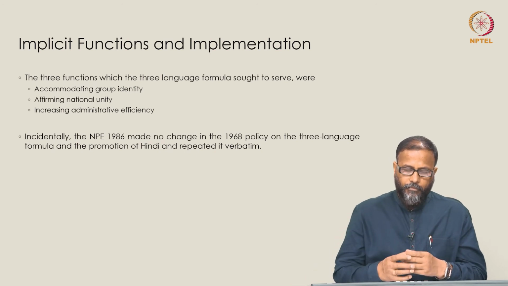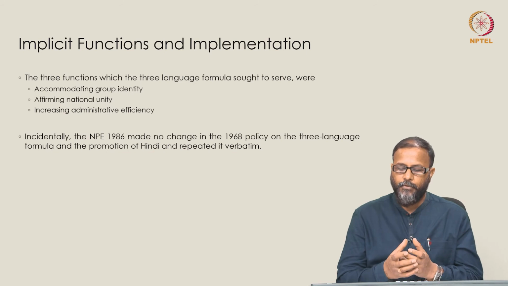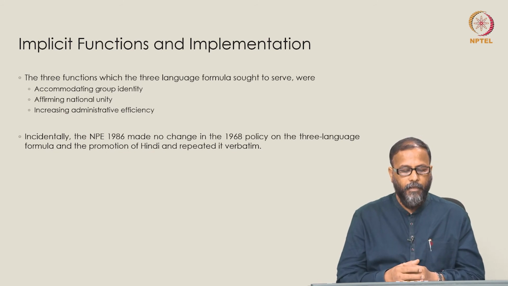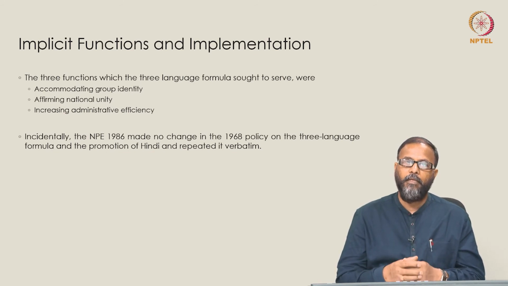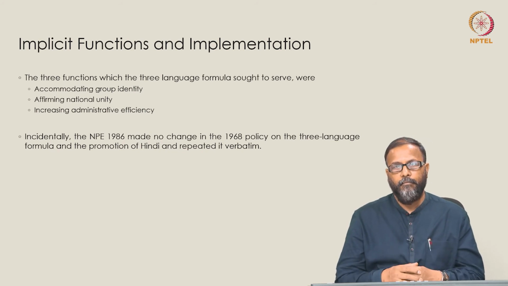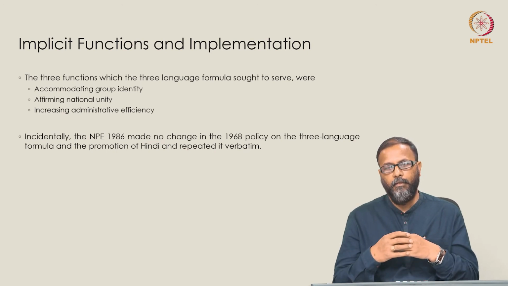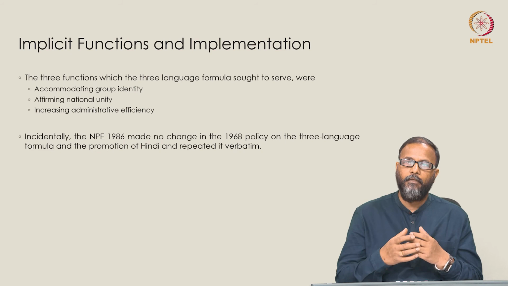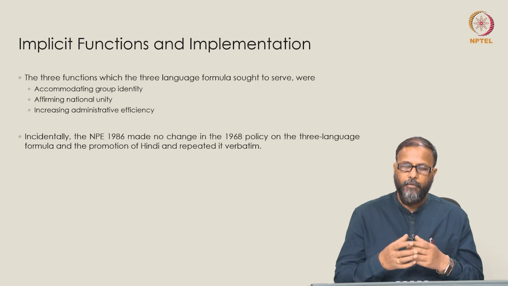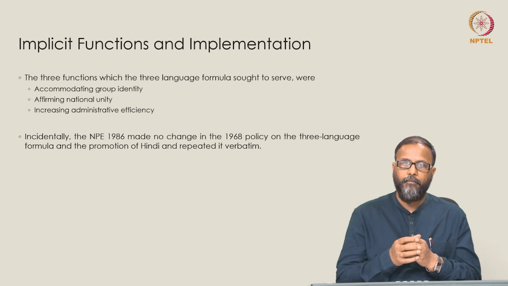So, the three functions which the three language formula sought to serve were: number one, accommodating group identity, so minimizing the apprehension and fear of non-Hindi states that Hindi will be imposed, and in resonance with Article 29, the linguistic rights, culture, and heritage will be protected, right?